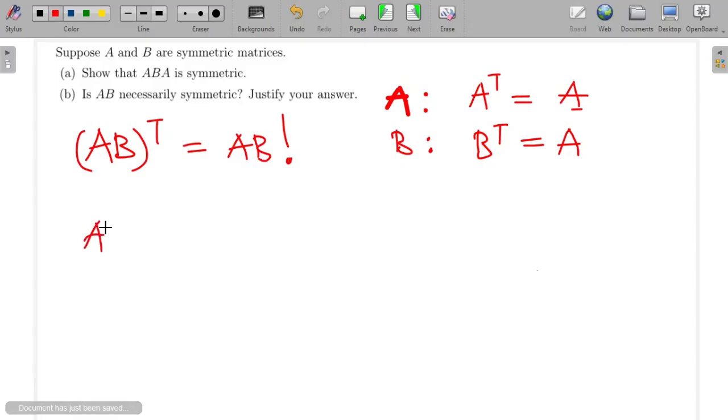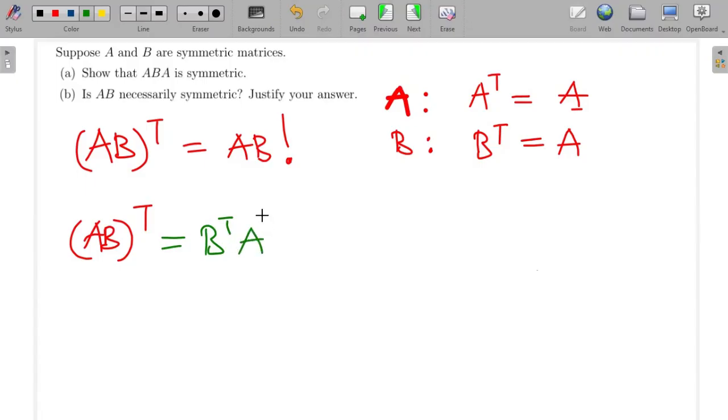So let's try. Let's apply the transpose to this product. It will just be equal to B transpose and then A transpose, so the commuted product like that. And then we were told A and B are symmetric. So I can replace the B transpose with B, then the A transpose with A. So what we see is that the transpose of AB is actually equal to BA.